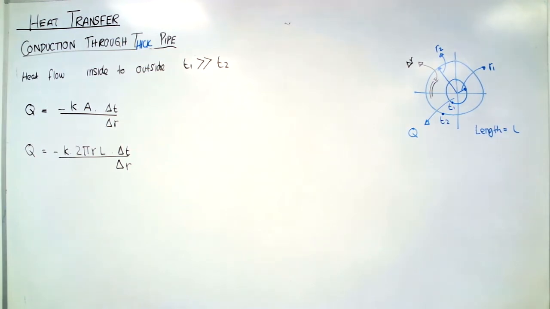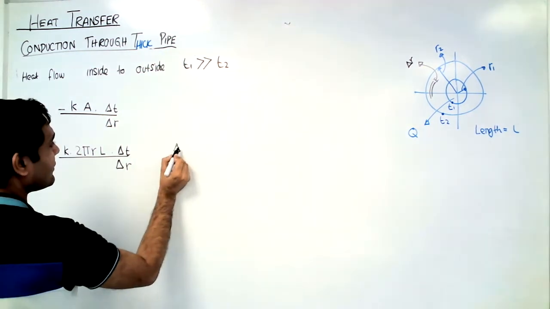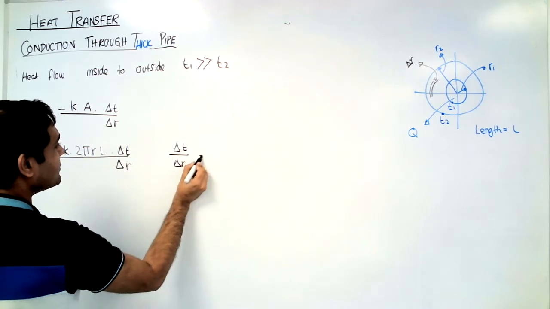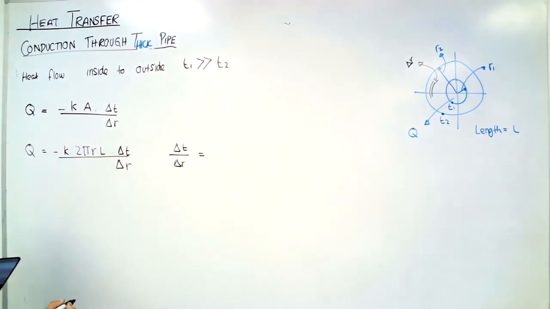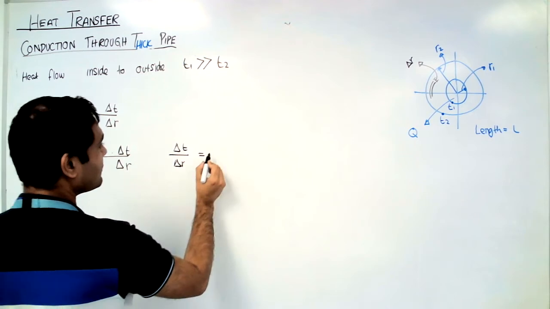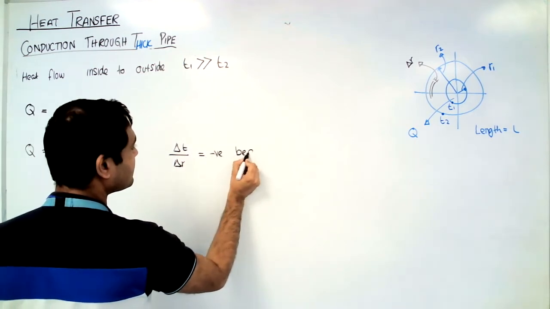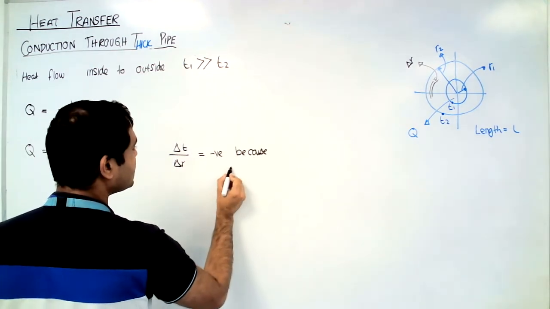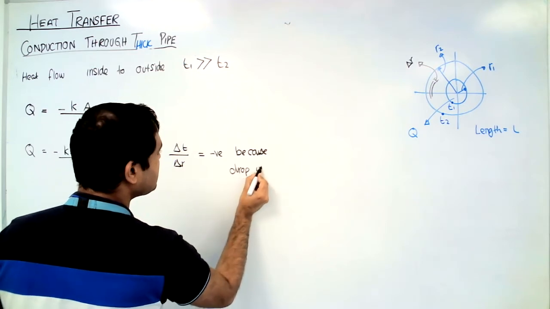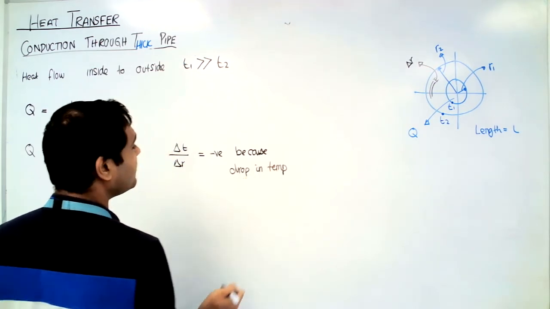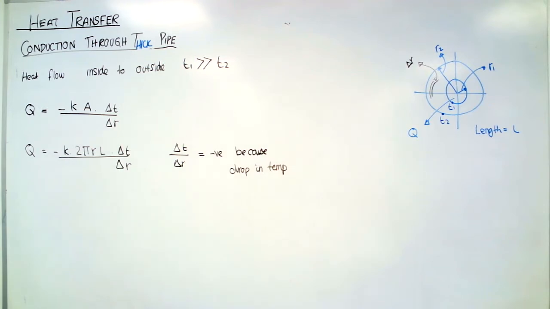Now, delta T over delta R is going to be negative, because the temperature is dropping, not increasing.